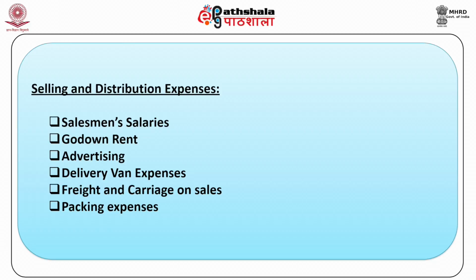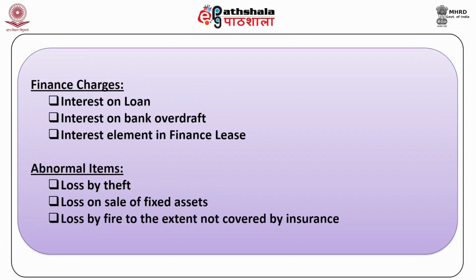Selling and distribution expenses. A. Salesman salaries. B. Godown rent. C. Advertising. D. Delivery van expenses. E. Freight and carriage on sales. F. Packing expenses.